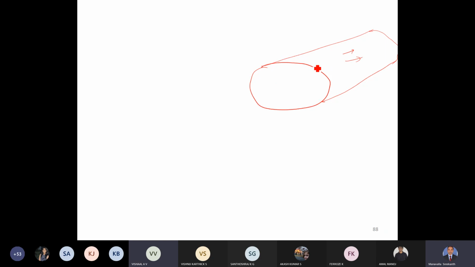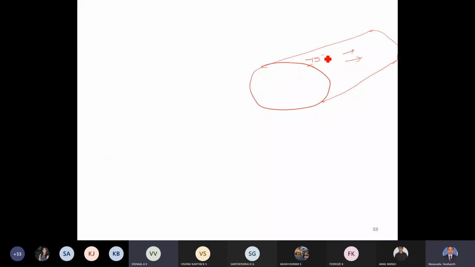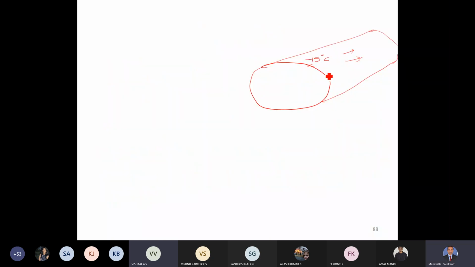Here we are told that the surface temperature is minus 15 degrees Celsius. Okay, the diameter.